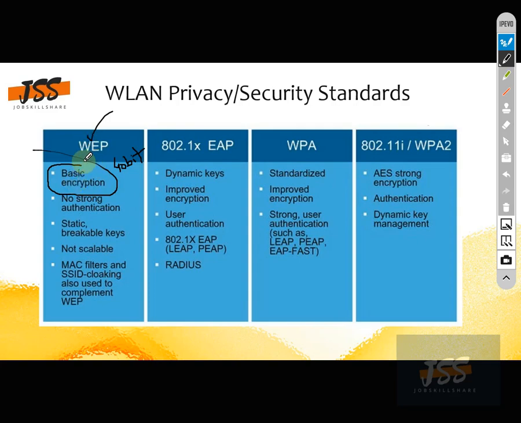So basically, what happened in WEP: if we have this access point here, and we have this laptop which is configured with WEP authentication, when it wants to authenticate with this access point, the access point sends a packet which contains the password.